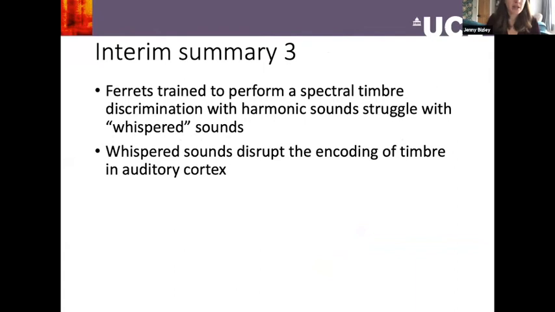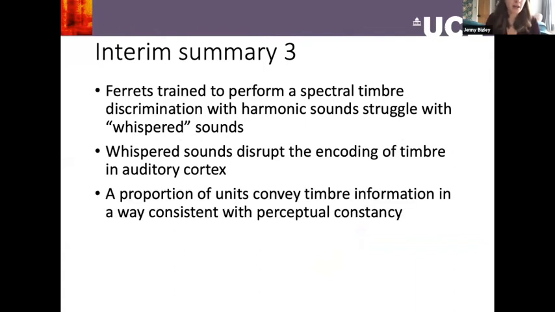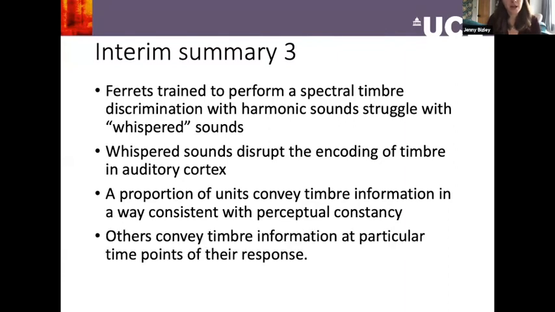These whispered sounds also disrupt the encoding of timbre in auditory cortex. But a proportion of units throughout the auditory cortex do convey timbre information in a way that is consistent with perceptual constancy, whereas others are capable of conveying timbre information, but you have to know which time point you should consider if you want to extract that unambiguously.